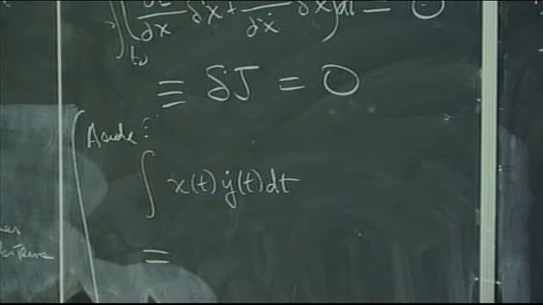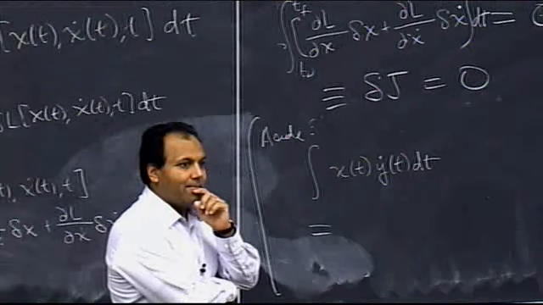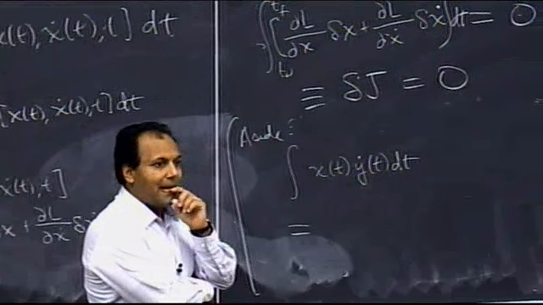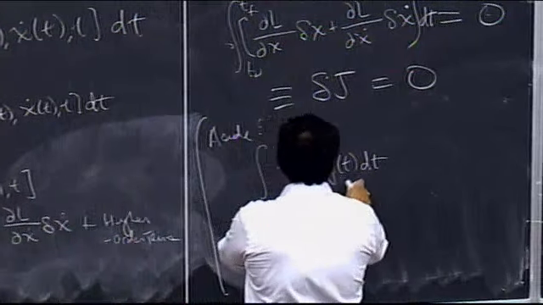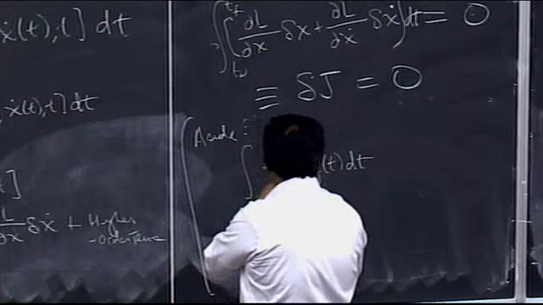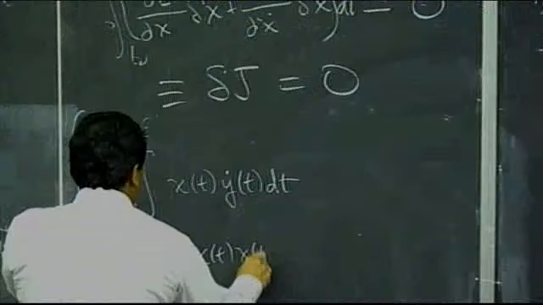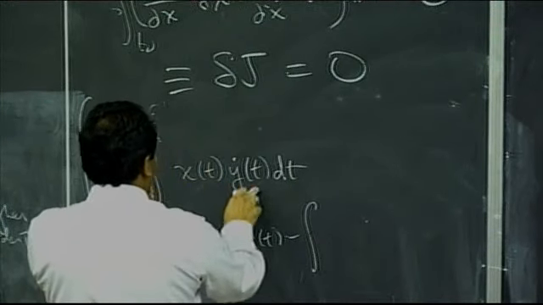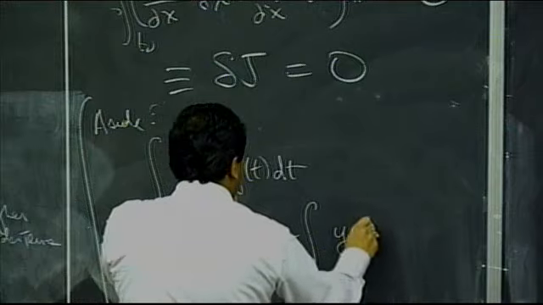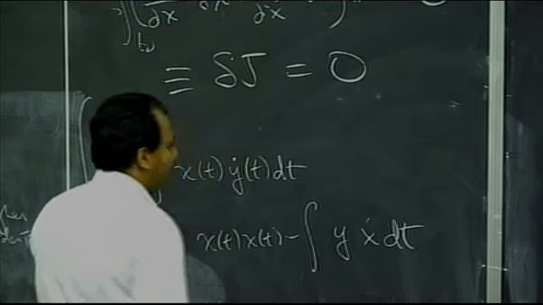What can you do with that? Someone ever taught you how to do something with that before? What's that called? It's called integration by parts, right? This is u dv, right? So this is equal to uv minus the integral of what? V du. This is u and v. So y x dot dt, right?